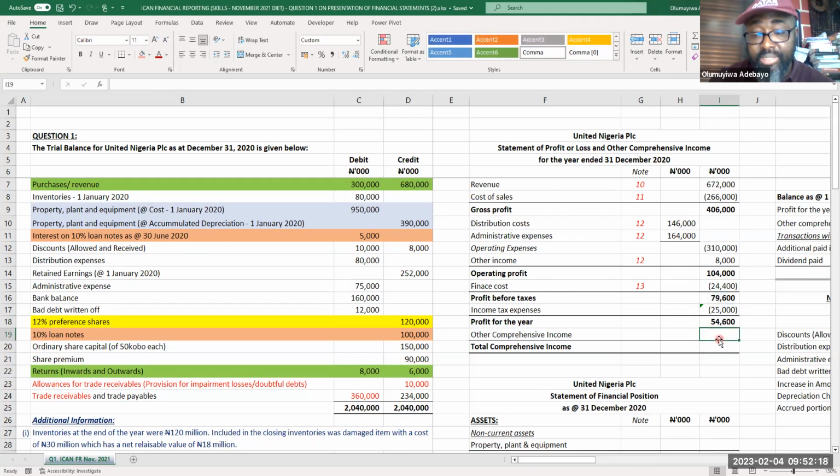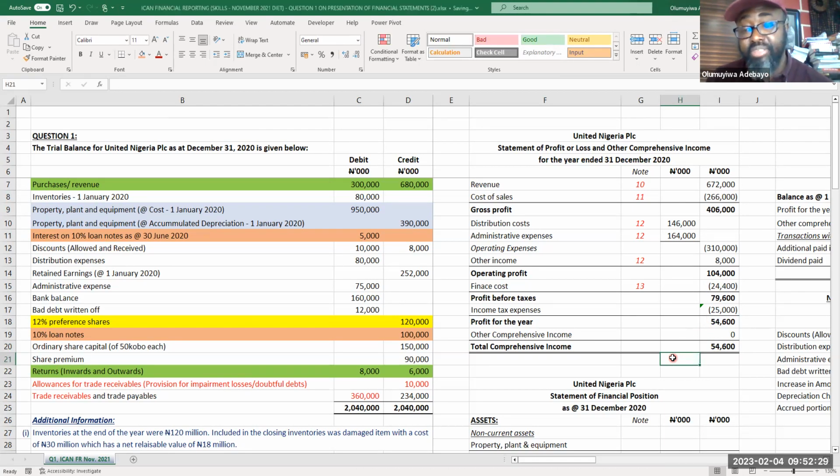And there's no other comprehensive income. I just put it there, 0, which means my total comprehensive is this. Now, this is my statement of profit or loss and other comprehensive income for the year. Now, let me remember this note 9, and that is it.